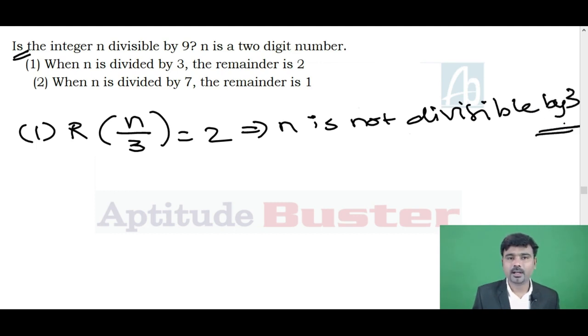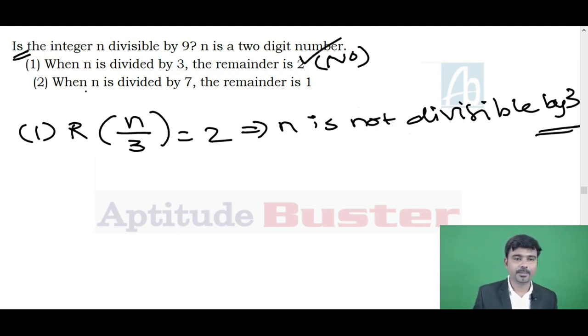If a number is not divisible by 3, we can understand clearly it cannot be divisible by 9 also. So is the integer n divisible by 9? Using the first statement you can say a definite no. To say a definite no, the first statement is sufficient.